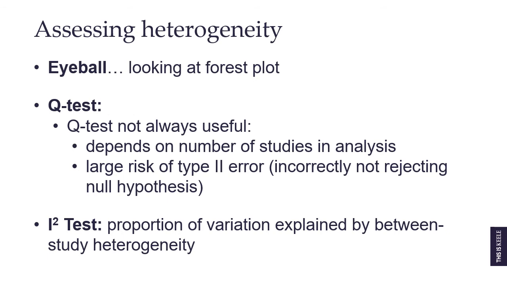The Q test suggests whether heterogeneity is present or not, but it's not always helpful because there's a large risk of error. The I-squared is a bit more helpful because it describes the proportion of the variation that there is, but it can still be affected by things like having small studies, so it has to make sense as well.